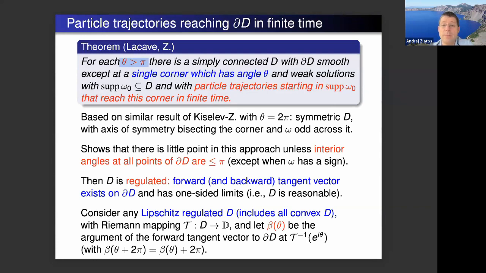So we can construct simply connected domains, which have a boundary that's smooth everywhere outside of that corner. And there are weak solutions with support initially being strictly inside the domain, such that particle trajectories that start inside the domain can reach this single corner in finite time.